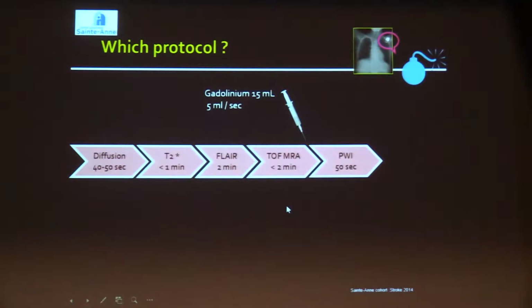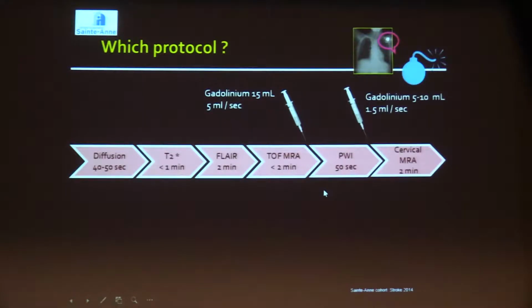And then we give gadolinium, scan with perfusion MR, and eventually we complete the whole exam with head and neck post-gadolinium contrast MR angiography. So we give gadolinium twice in this exam.